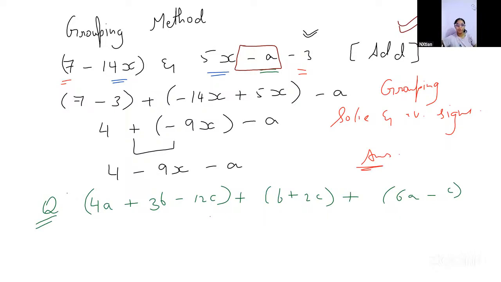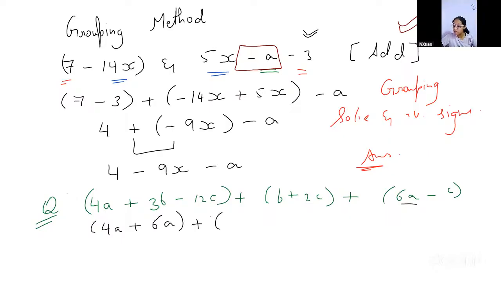For a revision for all of you, I'm going to solve this question first. I have A's, B's, and C's. First, let's take the A's: 4A plus 6A. With an addition, open another bracket.